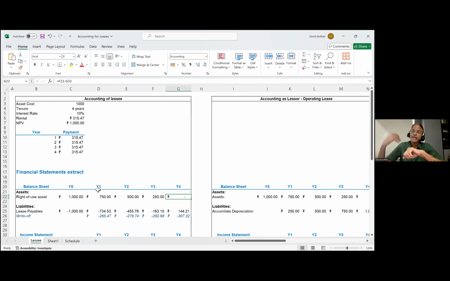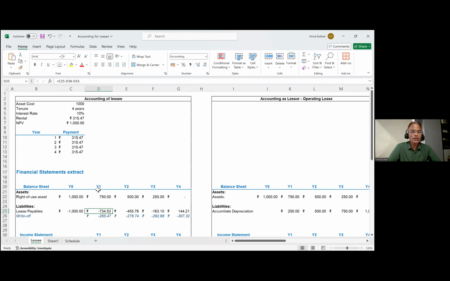Assuming the useful life was 10 years, I can depreciate over 10 years if the lease assures a transfer of title. But if the lease does not result in a title transfer, it's not a conditional sale or a 1 rupee hire purchase kind of option to buy, I would depreciate the ROU asset over the lease tenure itself, which results in a linear 25% depreciation. So that's how the ROU asset looks over the lease tenure.